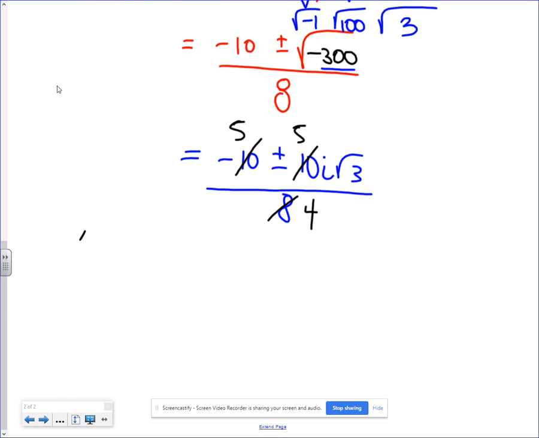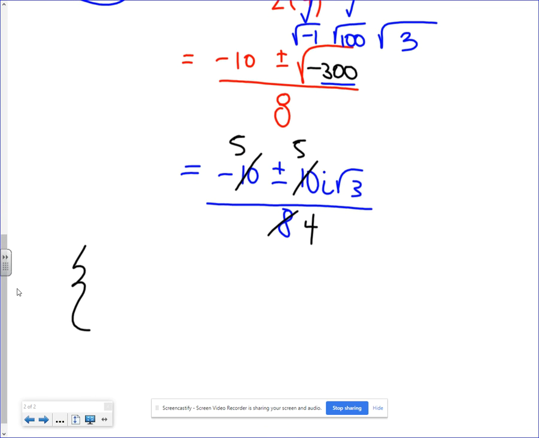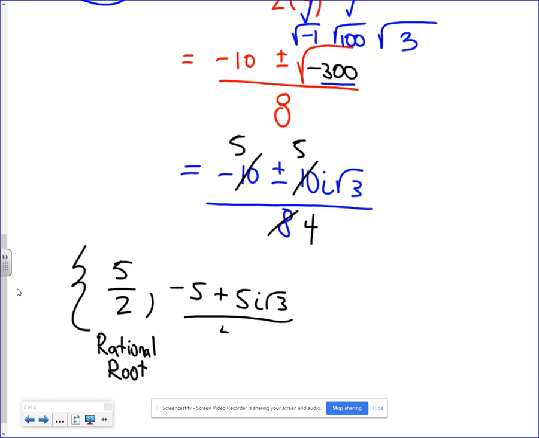So, the cubic equation I just solved has 3 roots. The first root is 5 halves. Okay, that's a rational root. And then the other 2 roots are, here's one of them: negative 5 plus 5i radical 3 over 4.